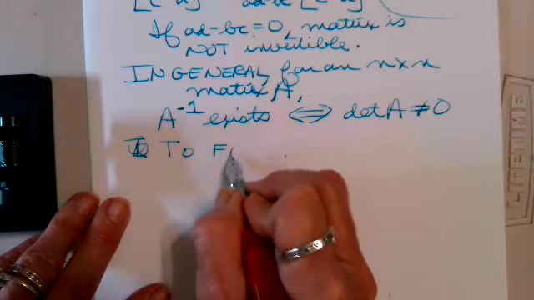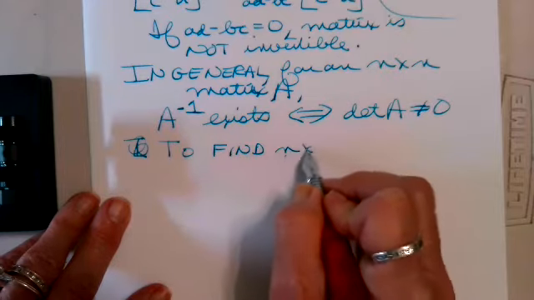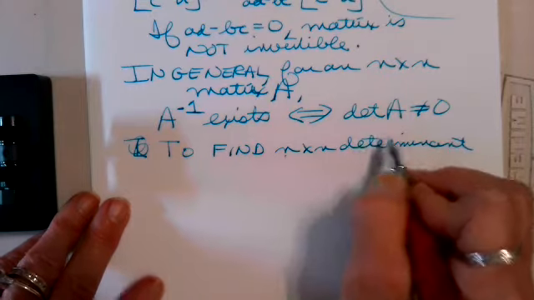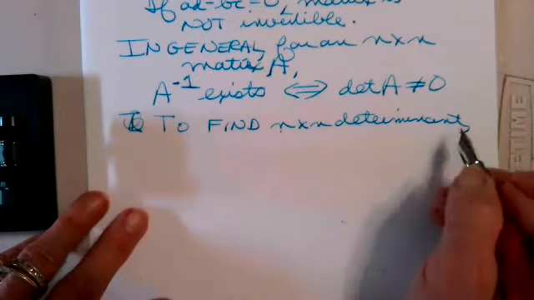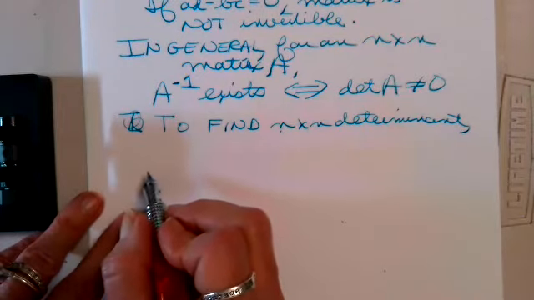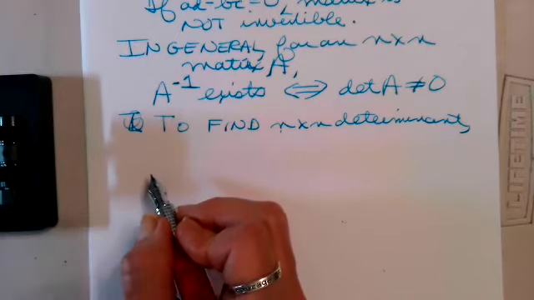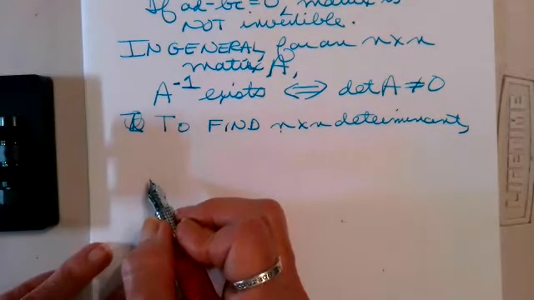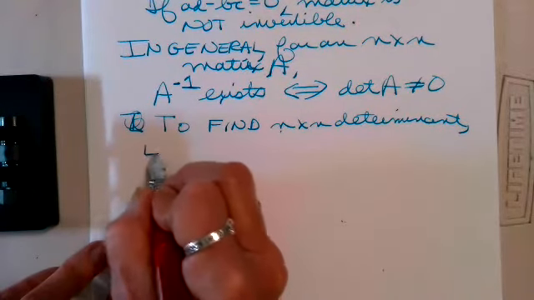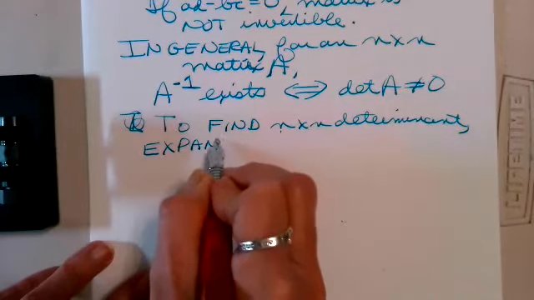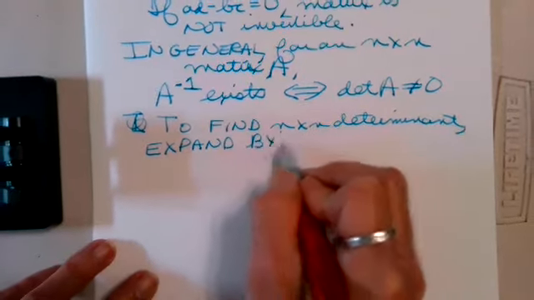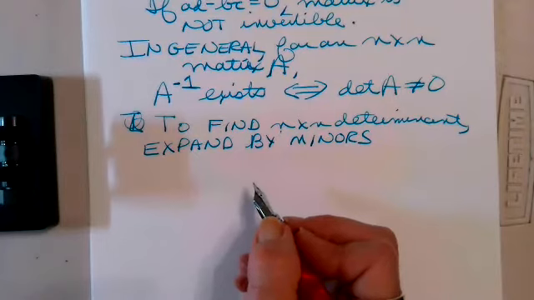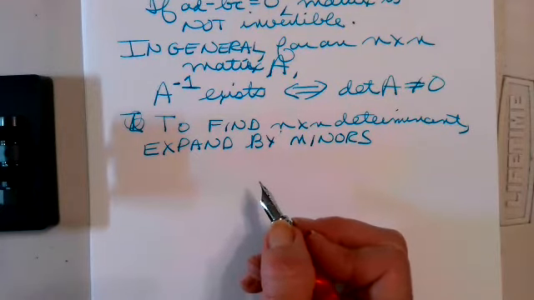So to find an n by n determinant, and I'm assuming most of you have seen a little bit about matrices before, so I hope this is just a reminder, what you need to do is just to expand by minors. Okay. All right, so I'm going to do this in the context of a couple of examples.